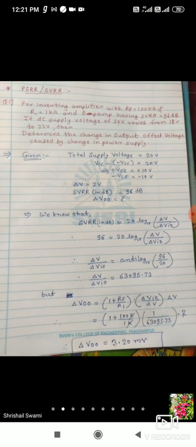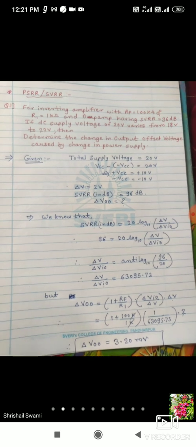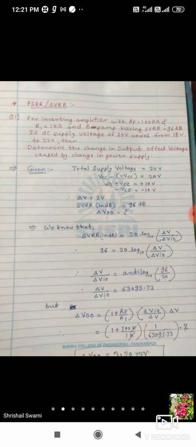So the next part we are going to discuss, that is the seventh parameter from this chapter, the common mode rejection ratio.